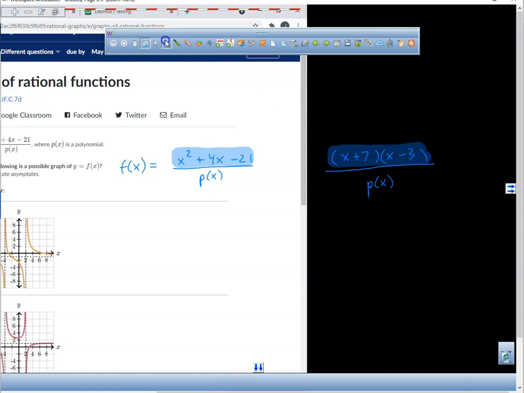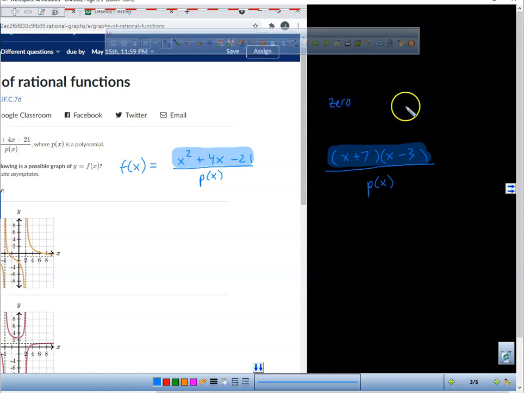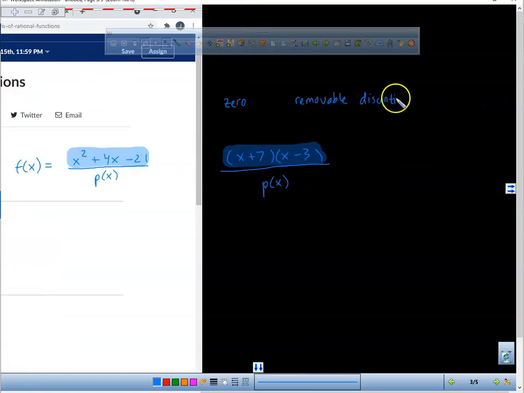But we do have to know about two things that could happen in the numerator. You could have a 0, or you could still have this concept called removable discontinuity. So you could have a hole or a 0. Where could they be located? Either at x equals negative 7 or x equals 3.